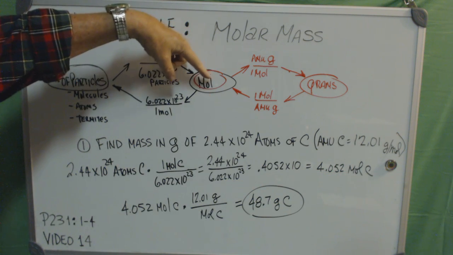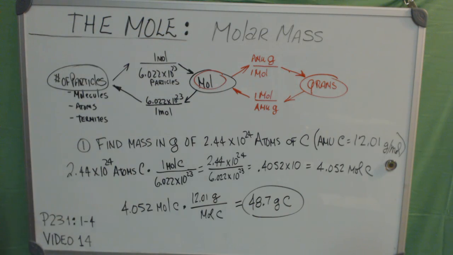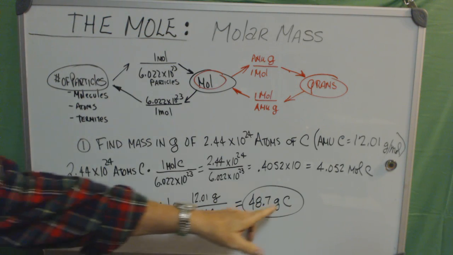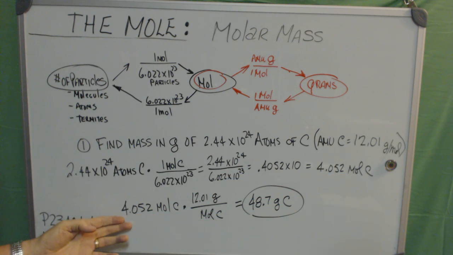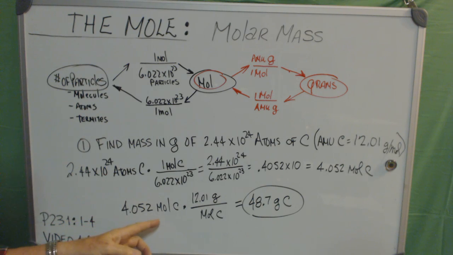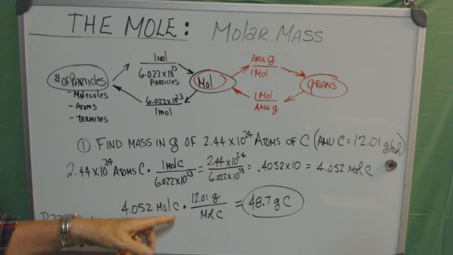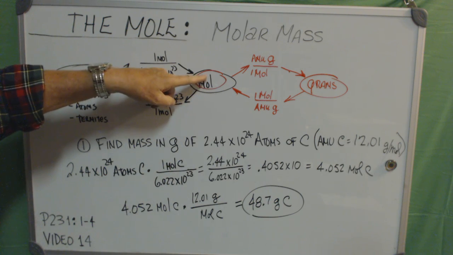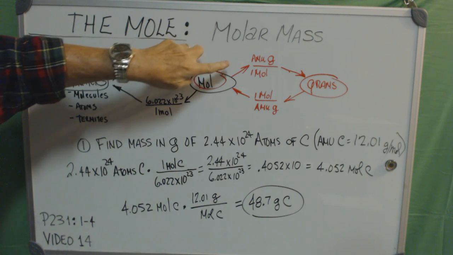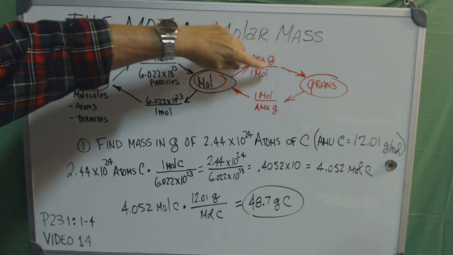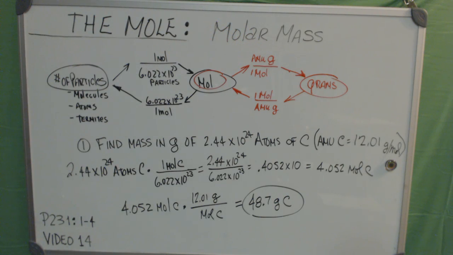I got to this point now. I've got to figure out now how to get from moles to grams. So I start off with my moles. I bring it back over here as though I was doing a first unique problem, and I start off with 4.052 moles of carbon. And I look up here, and I've got moles of carbon. I'm going towards grams. Which one of these new conversion ratios do I use?